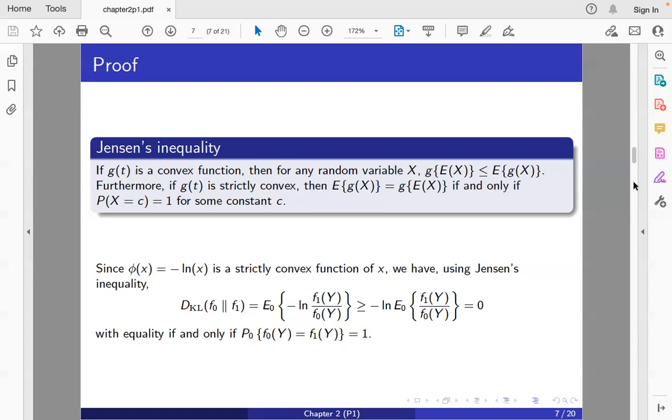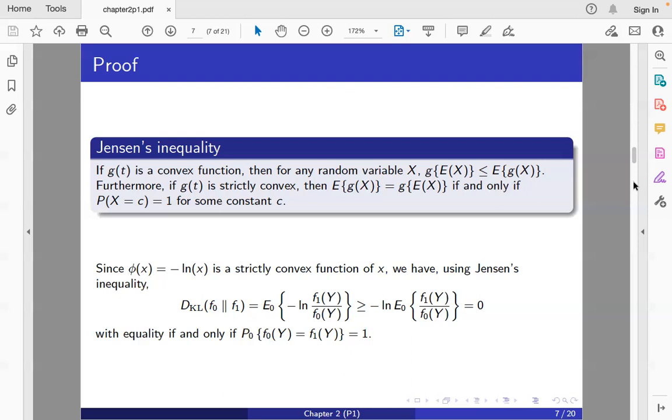So G is a convex function. Then on any random variable, we have this. Furthermore, G of the expectation is always less than or equal to the expectation of G. So this is convex usually. We have any 2 points, and suppose you have any middle point, any convex average, say here.